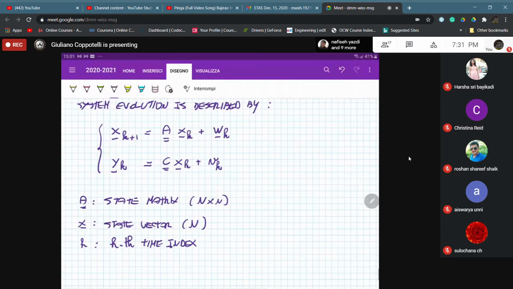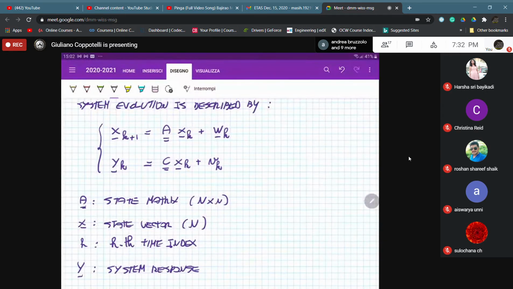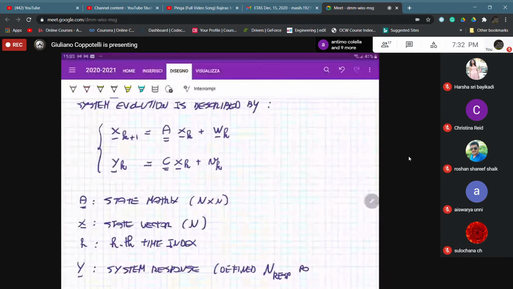The y_k vector is the system response, defined over n_rest points.